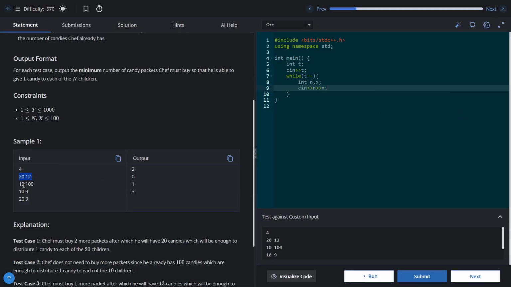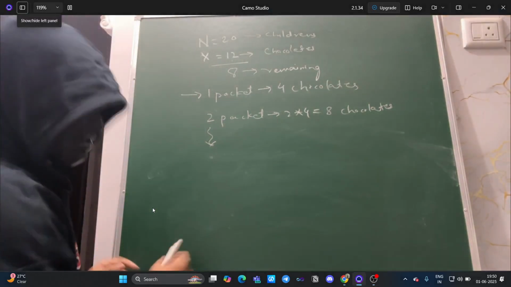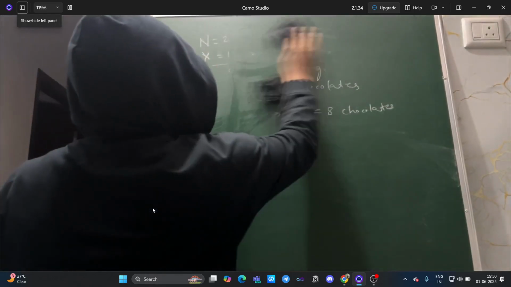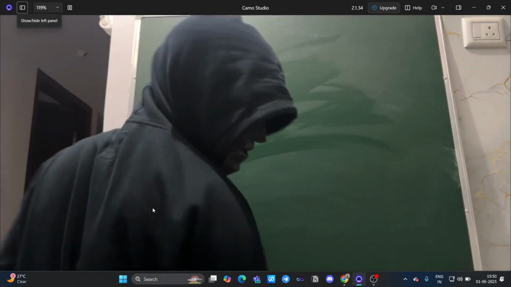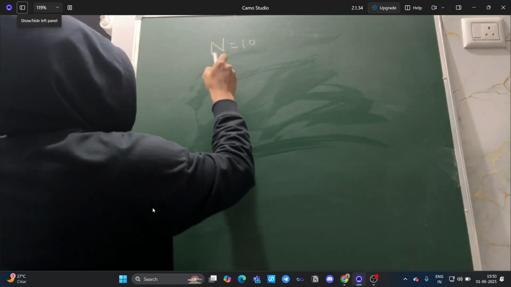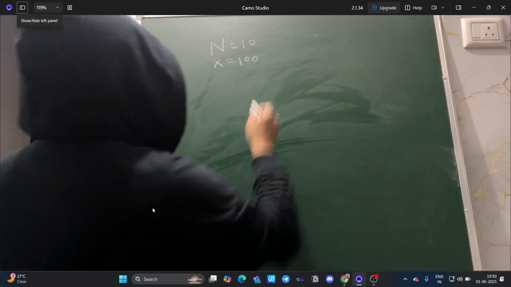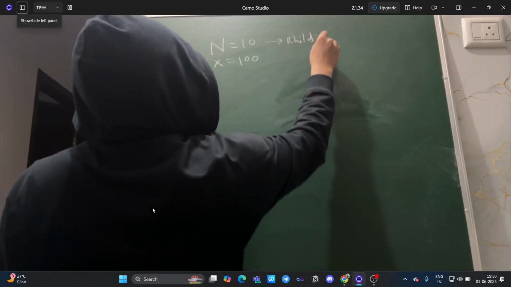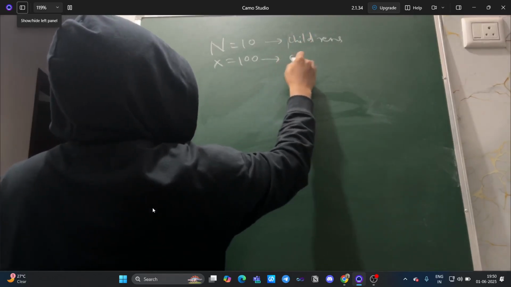Now let's understand the second example, wherein n is 10 and x is 100. What it means is that there are 10 children, and chef has 100 chocolates.